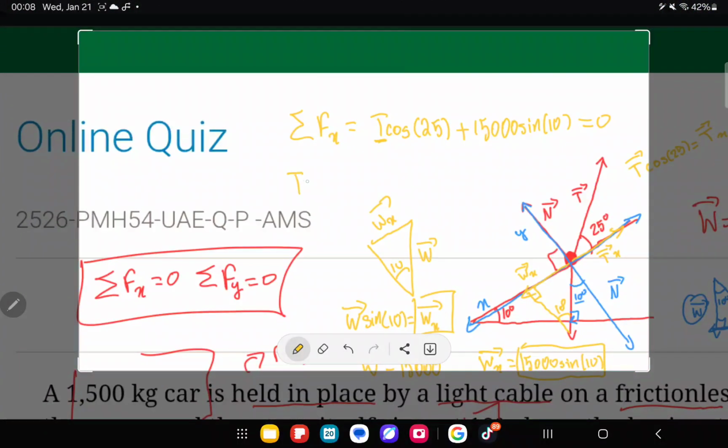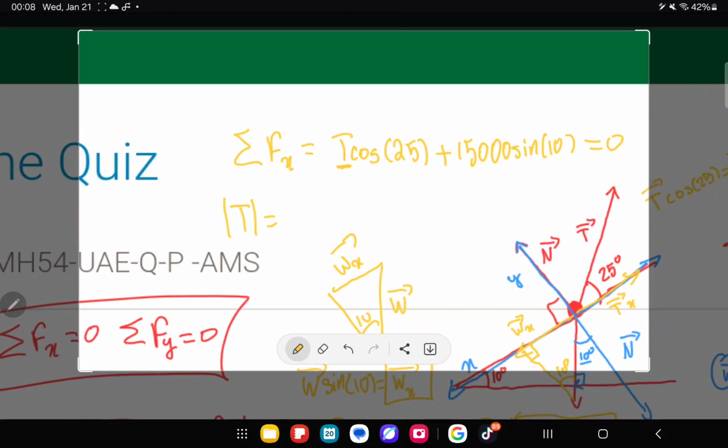So, the magnitude of T is equal to, now you might get a negative number, yes. But if you get a negative number, you'll have to cancel it out, since they definitely just want the magnitude. Or more likely, you can also put minus.